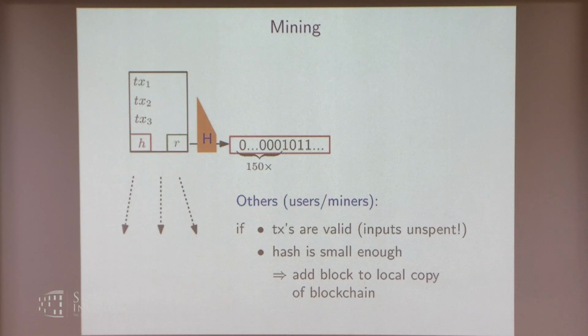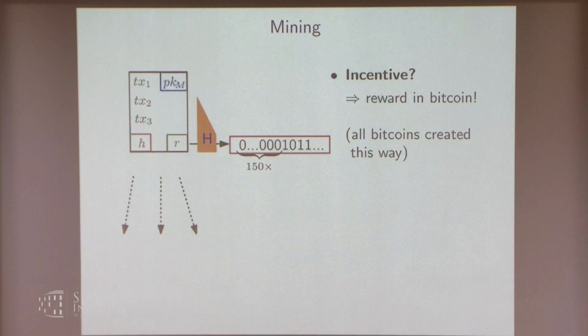Well, the nice thing is that what we're creating is a currency, so we can use the currency to pay the miners. The currency will pay for its own stability in some sense. So the incentive for getting people to try to mine new blocks will be the reward that they get in terms of newly created bitcoins.